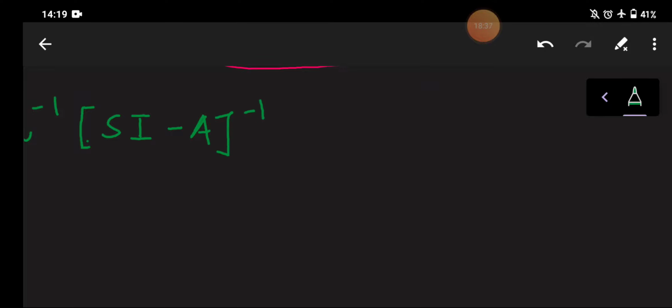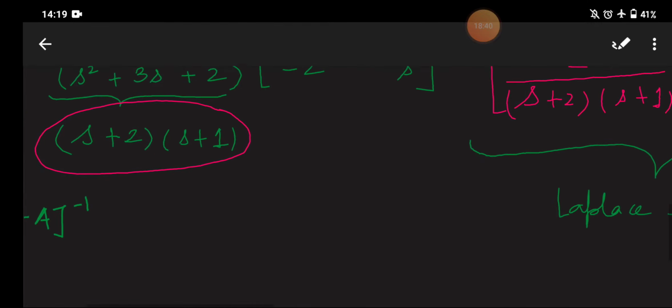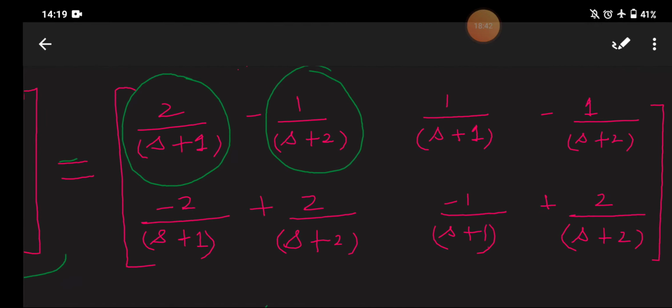Okay, so we have calculated (sI minus A) inverse, that is here.